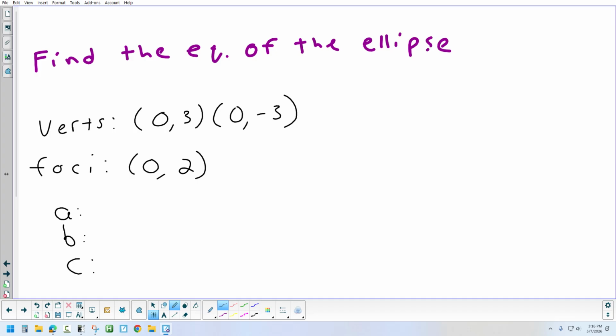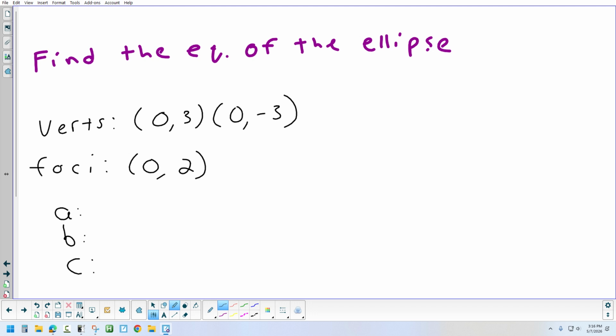We can only measure the distance from the vertex, so technically no. I guess we use different words. So what's the definition of A in an ellipse? In an ellipse, it's the center to the vertex. There's no such thing as the center in a parabola.